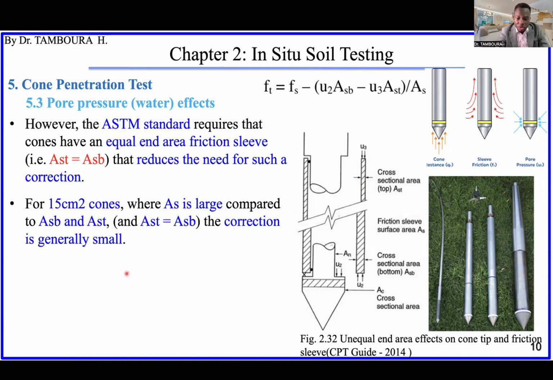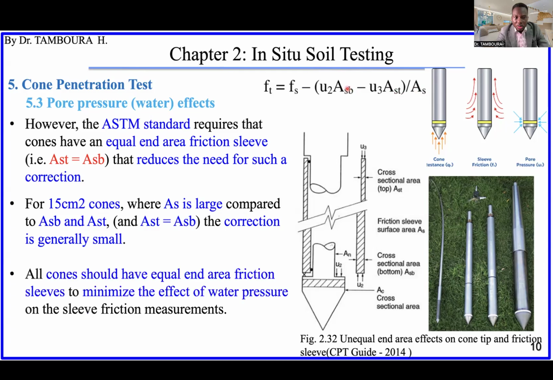These are just information for you to read. In the case of the 15 square centimeter cone, the AS is larger compared to these two. In that case, the correction is small because this is very large compared to these two. These are just information for you. You can just read it.